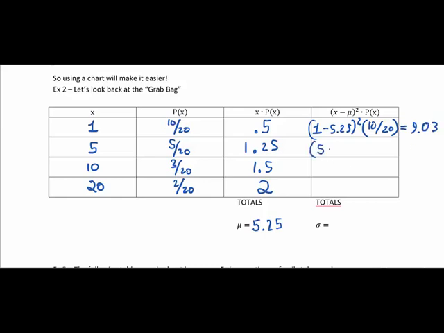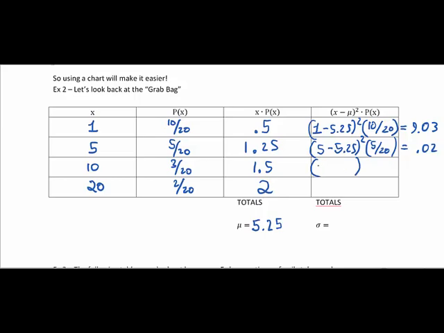Then we're going to go 5 minus 5.25. Again, taking our event, subtract it from our average, and then multiply by its probability, 5 divided by 20. And that would give us 0.02. It's not a big number because the difference between 5 and 5.25 is very small.